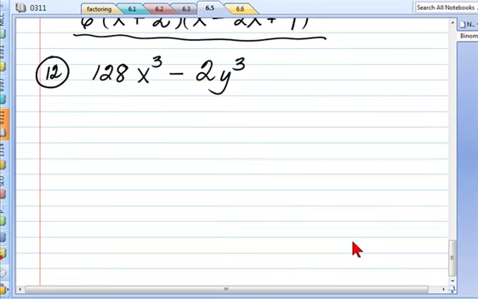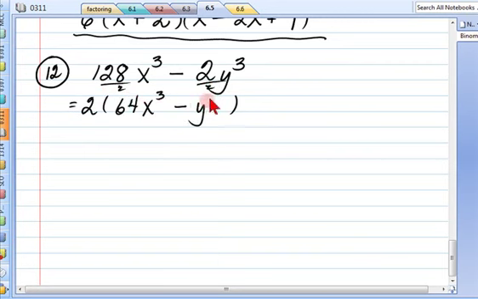Greatest common factor, and what can I factor out? A 2. Okay, so if I divide each of these by 2, I'm going to have 64 x to the third minus y to the third. I look at the binomial that I got, and does it fit one of the categories? It's the difference of cubes. Don't lose the 2.